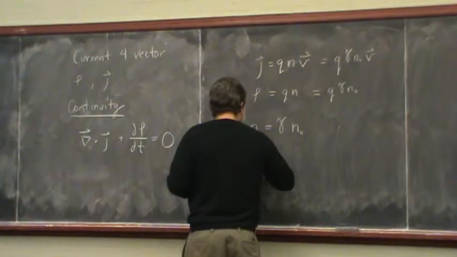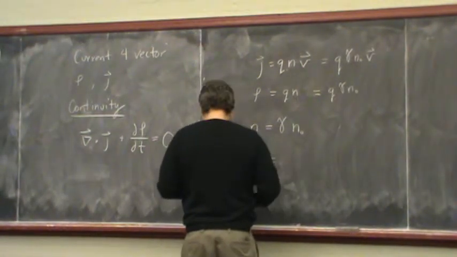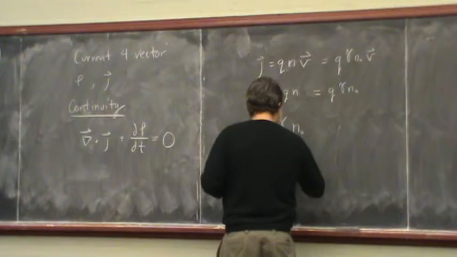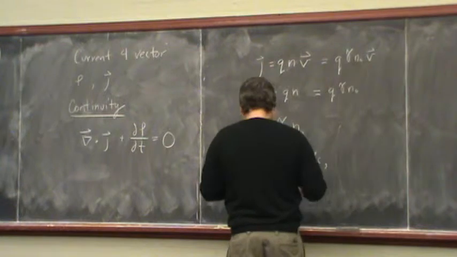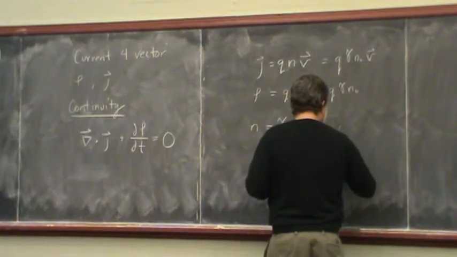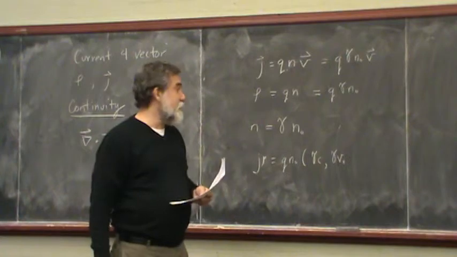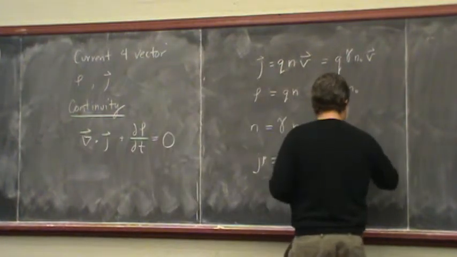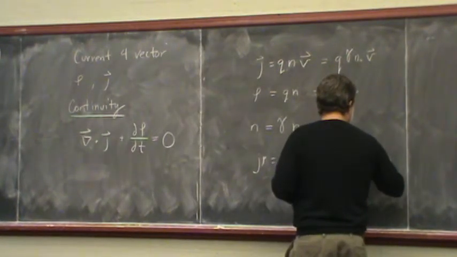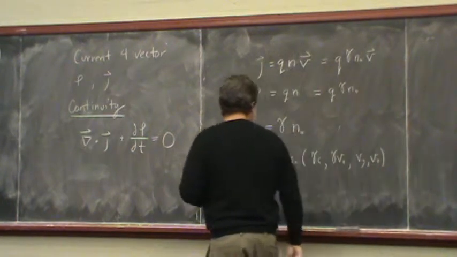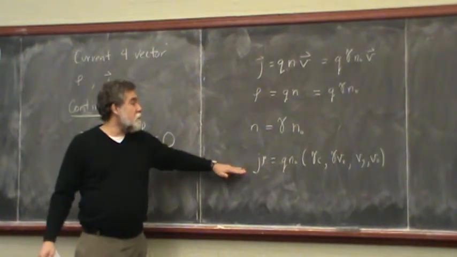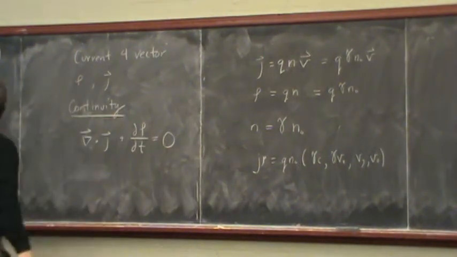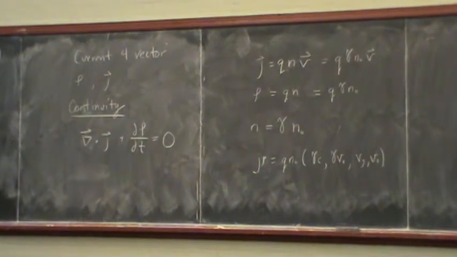And the 4-vector, J, is going to be equal to Qn0 times gamma c, for motion along the x direction, gamma Vx, Vy, Vz. So that thing does transform in the same way as the position. So I'll write that one over here.